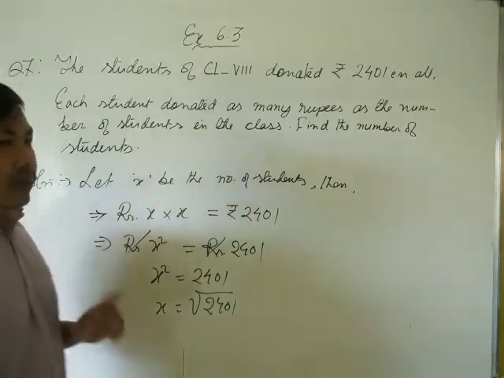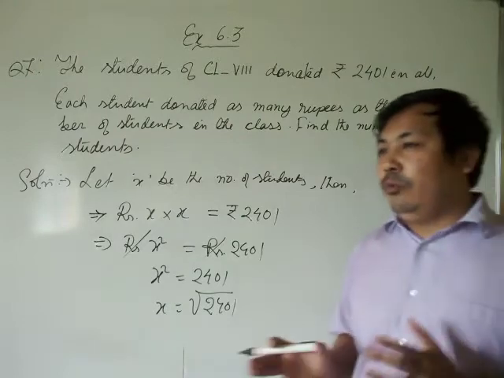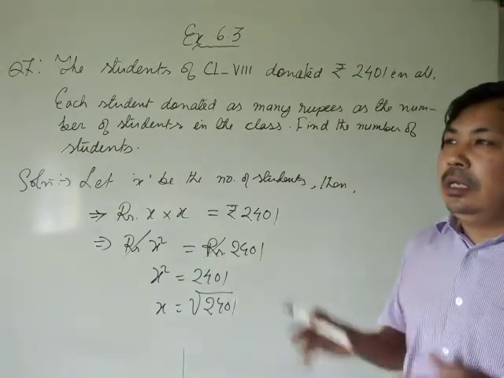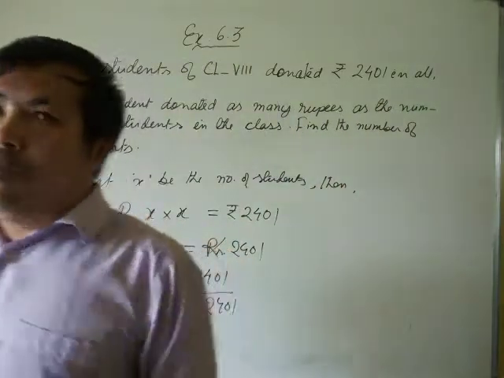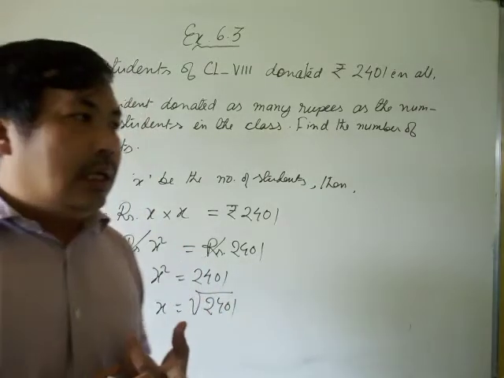Here we are supposed to take the square root of the number as per the condition of the question. The question is telling us that the amount of one student is equal to the number of students in the class.